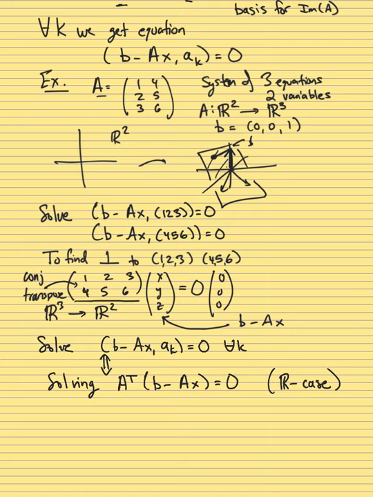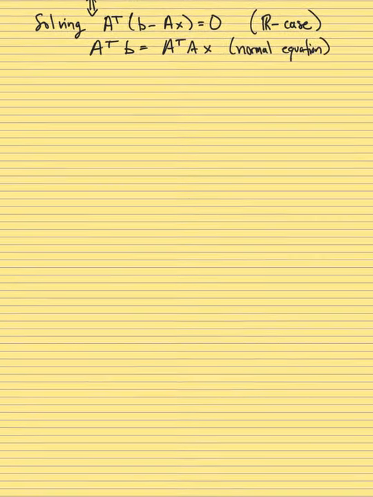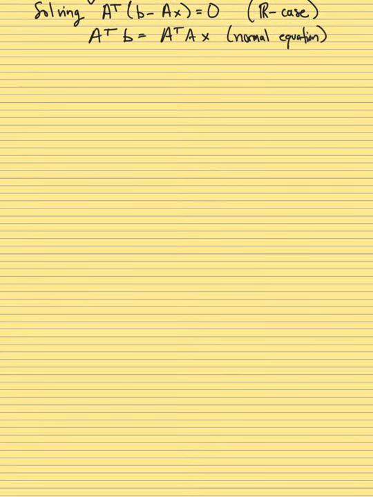Therefore the general solution, using linearity, is A transpose B is equal to A transpose A times X. This is called the normal equation. If you're given A and B, you're solving for X, and your solution exactly minimizes the norm of AX minus B.